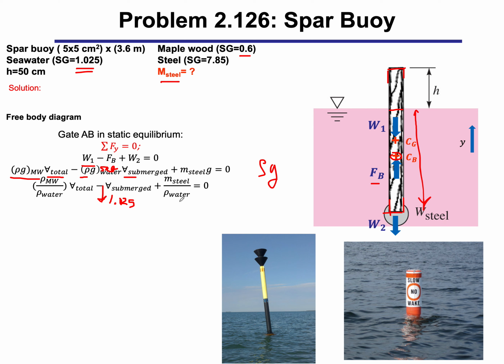That's 0.6. And the density of water is 1,000 kilogram per meter cube. So you substitute, so here you get the 0.6 is the specific gravity, that's the volume. Here we should still multiply by 1.025. That's missing, so please pay attention to that.